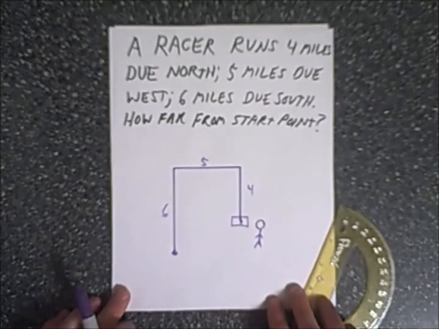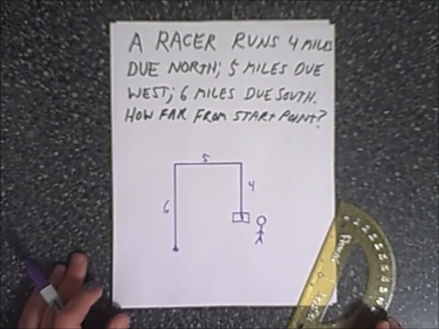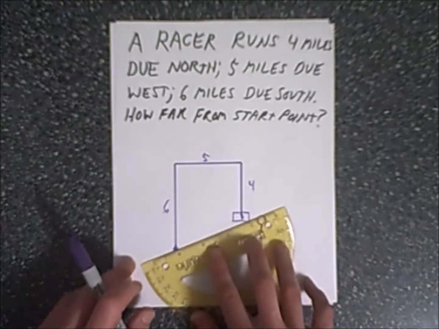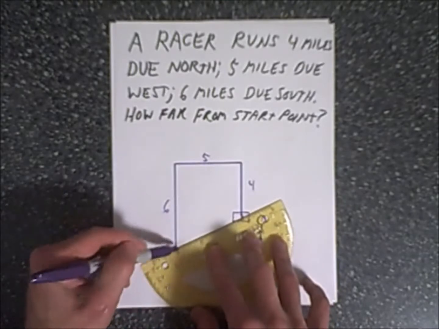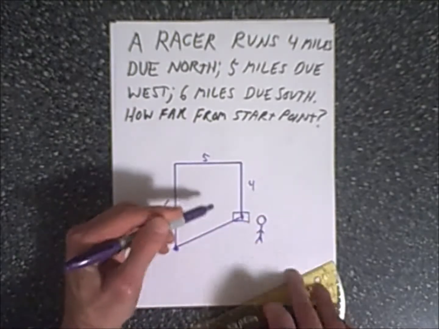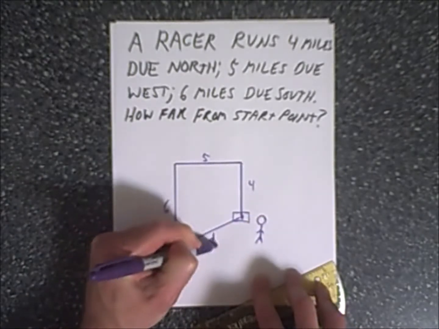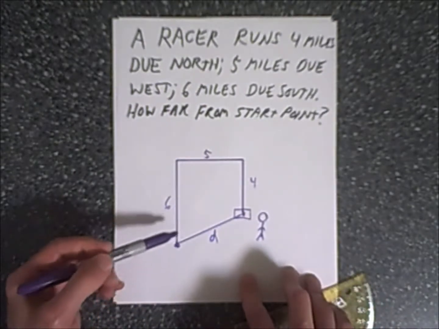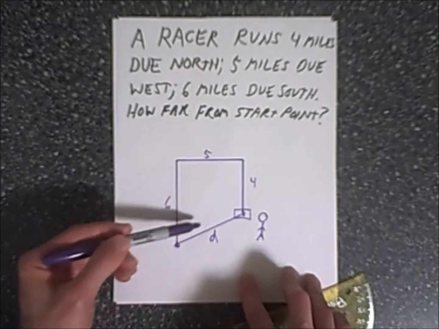And again, we just have to use the best knowledge that we can to find what the distance is from this point to here. We'll call this D. So you can almost see that we sort of have ourselves a right triangle here.